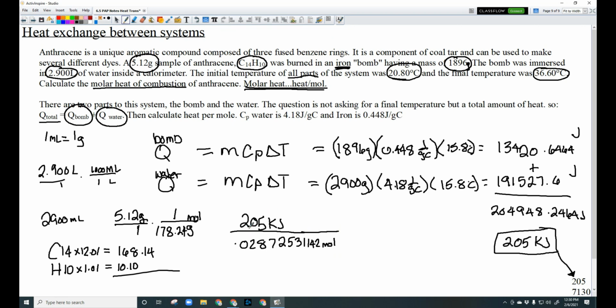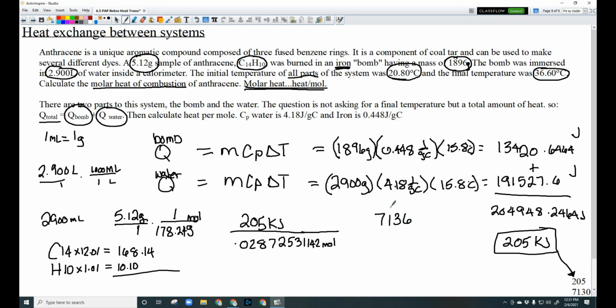So now all I have to do is divide these two. So 205 divided by 0.02872531142. And I'm going to get 7,136. Okay, and we need 3 sig figs.